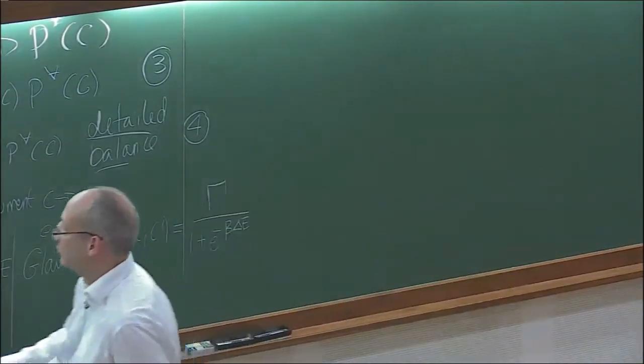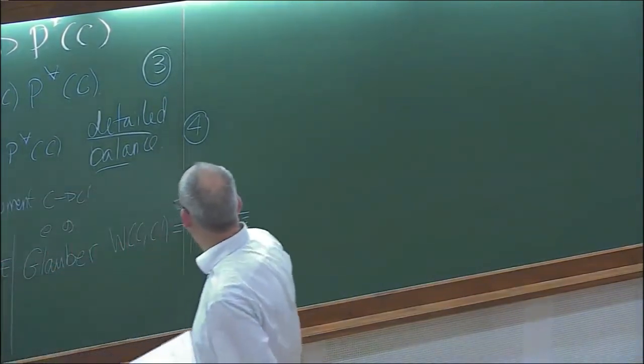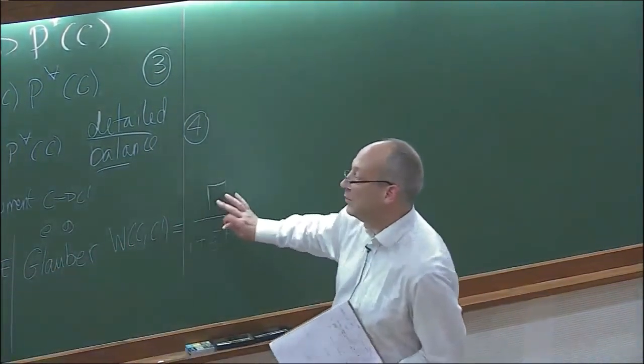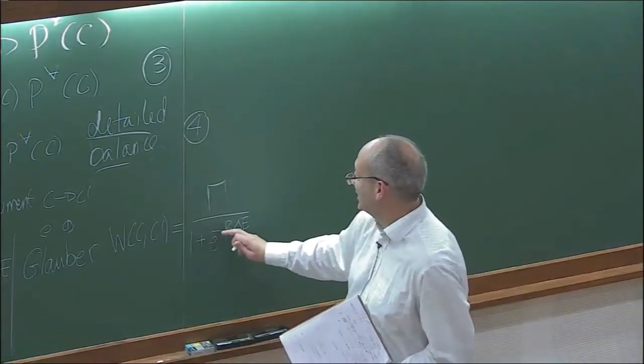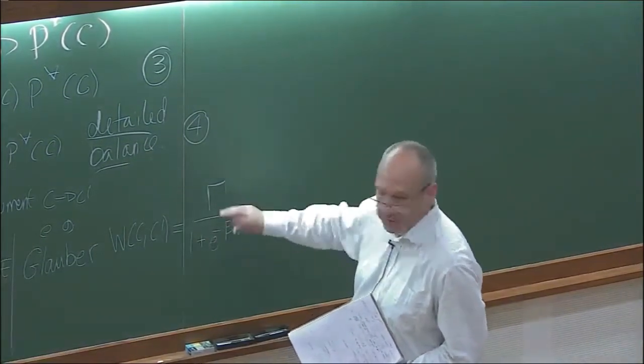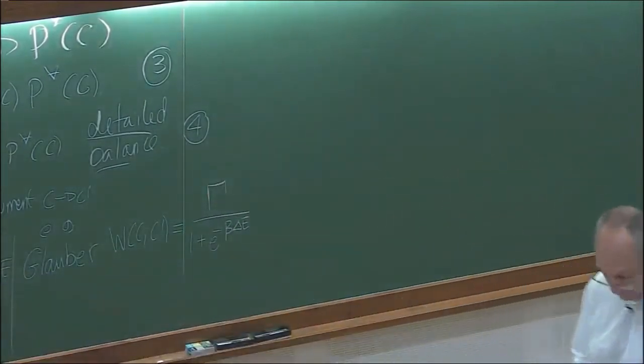If I work this out, then I will get e to the minus beta delta E, because it will be this divided by that, over 1 plus e to the plus beta delta E. And if I work it out, then I do get this. So that's one choice, but there are other possible choices.